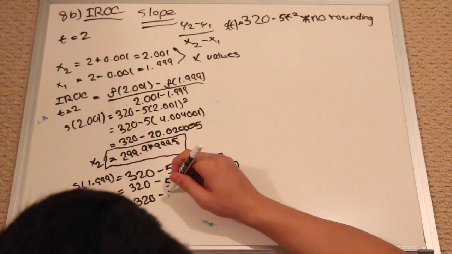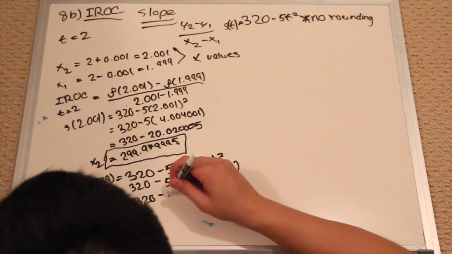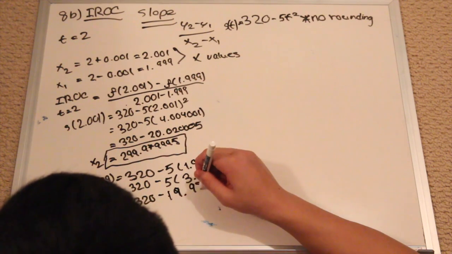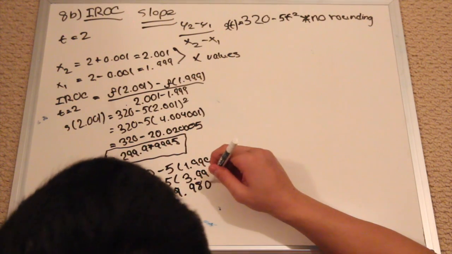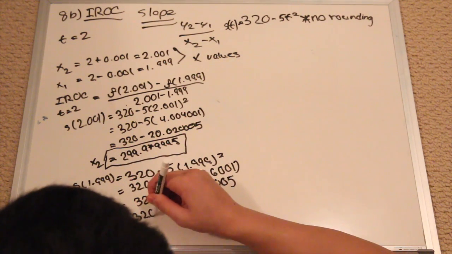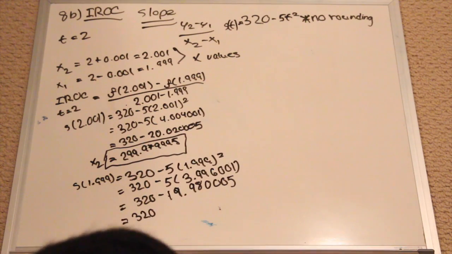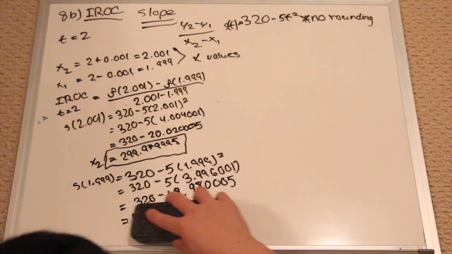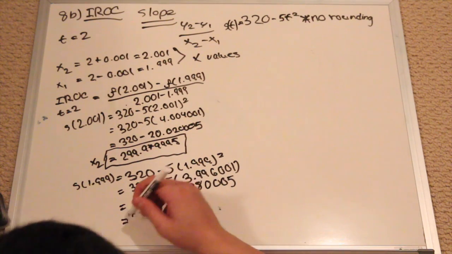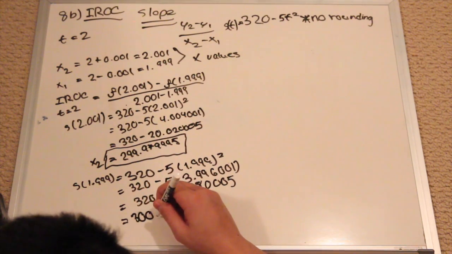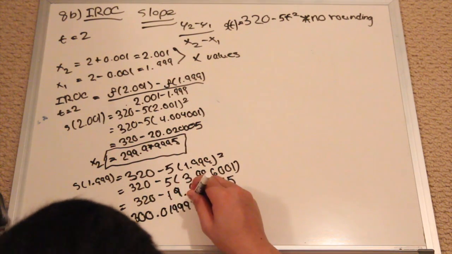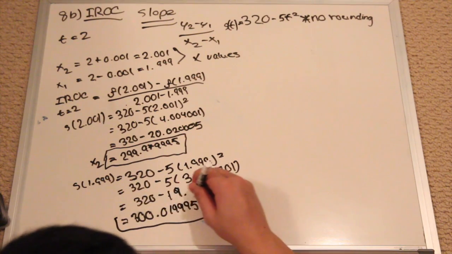So as you can see, it's not very hard, but it's very time consuming in a way that you have to write all these numbers down. So our final answer for this point is going to be 300.019995.